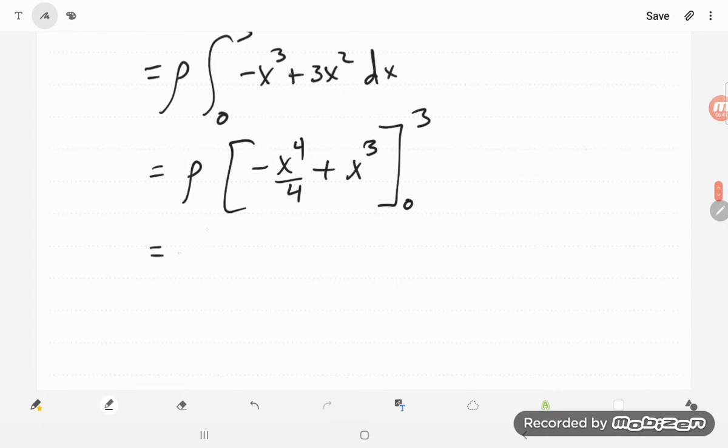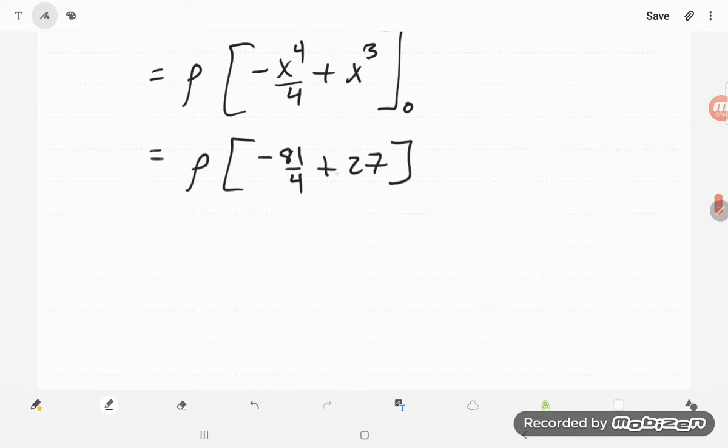So that is rho times, 3 to the 4th is 81, so there's a minus 81 over 4 plus 3 to the 3rd, which is 27. Well, 27 is what? 108 over 4, so 108 minus 81 is 27.